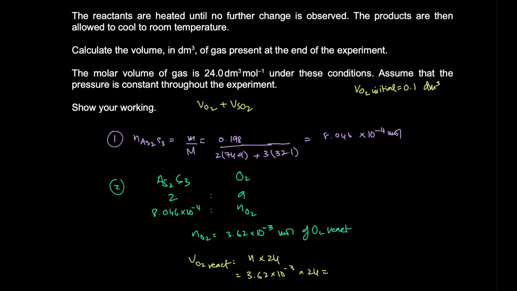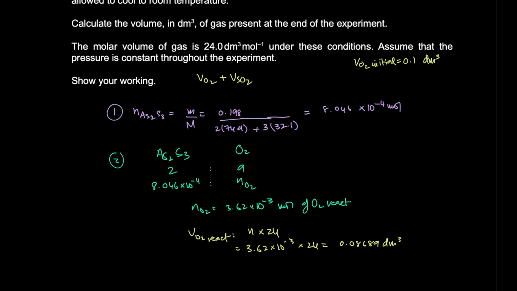So what volume of oxygen reacts? This is equal to 0.08689 decimeter cube react. So then, what's the volume of oxygen left? Can I say that the volume of oxygen left is simply 0.1 minus 0.08689?